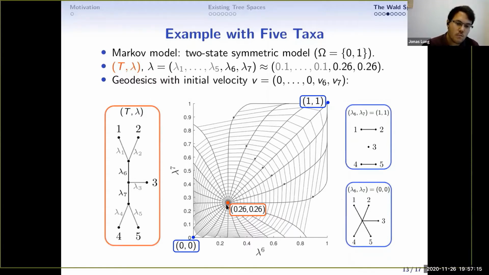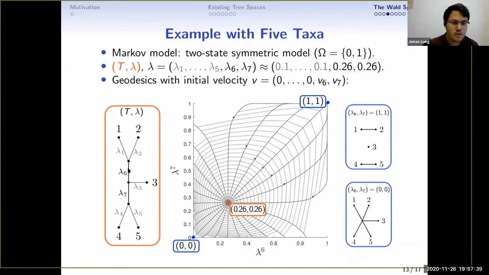And the most important point here in this graph is the red dot. This corresponds to this tree here, T lambda. And we don't really care about these pendant edges. So this tree has 7 edges in total, and we don't care about the pendant edges right now. So just ignore them. We only care about these 2 interior edges here.